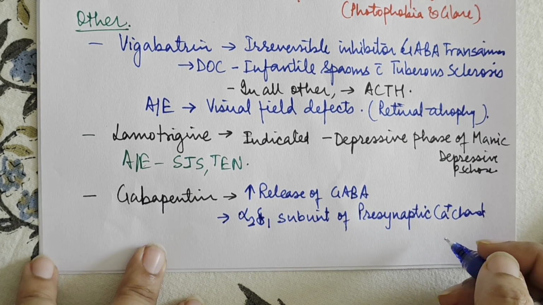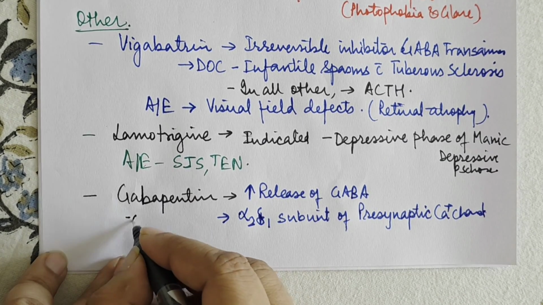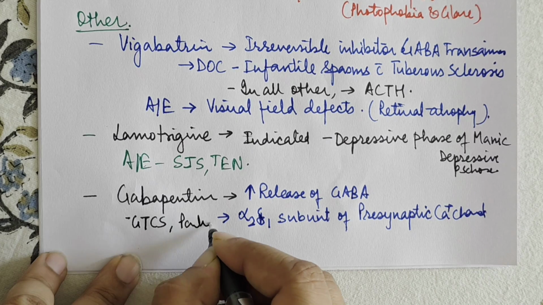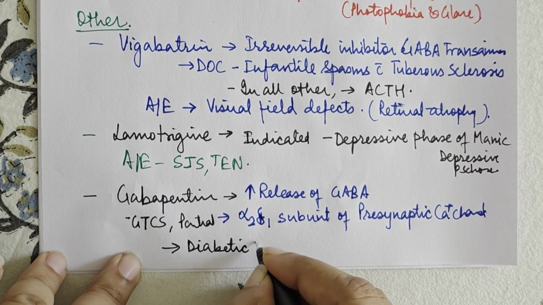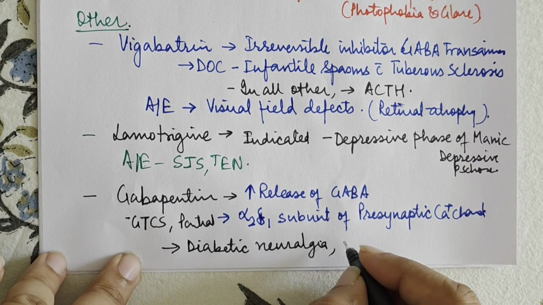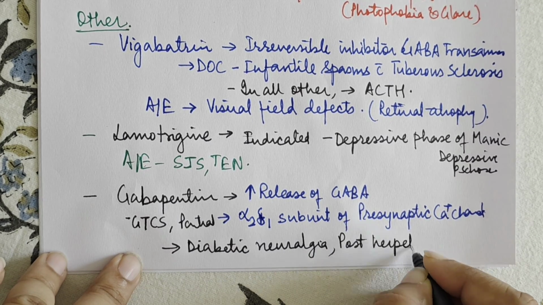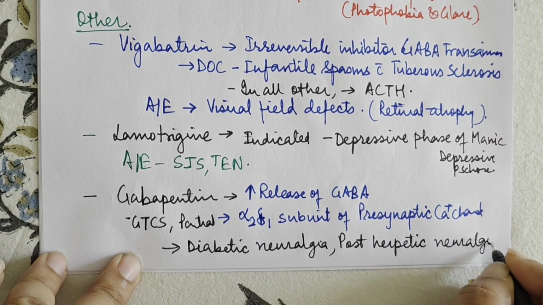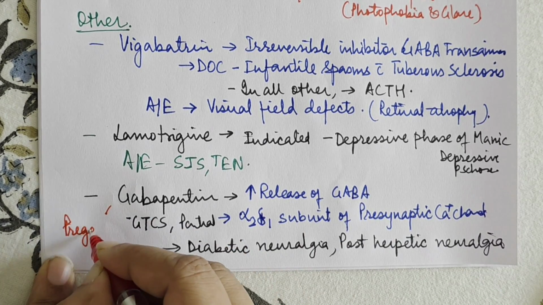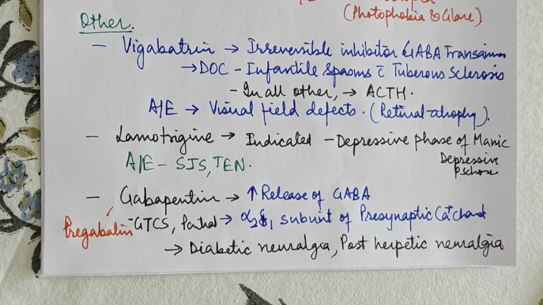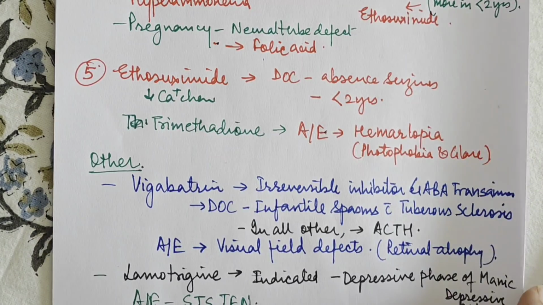Okay, so this is useful in GTCS and in partial seizures. Then also used in diabetic neuralgia and post herpetic neuralgia. Another drug which is similar to gabapentin is pregabalin. Okay, so this is about gabapentin, vigabatrin and lamotrigine, the drugs which are acting through the GABA mechanism.